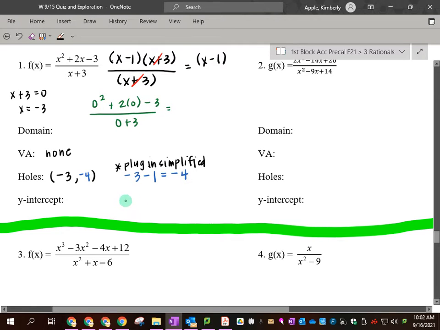All right, so for this one, you plug 0 into the original. So for the y-intercept, you use the original, not the simplified. For the hole, you plug it in the simplified version. So 0 plus 0 minus 3, that's minus 3. And then this is positive 3, and so that should give me -1. So my y-intercept is (0, -1).